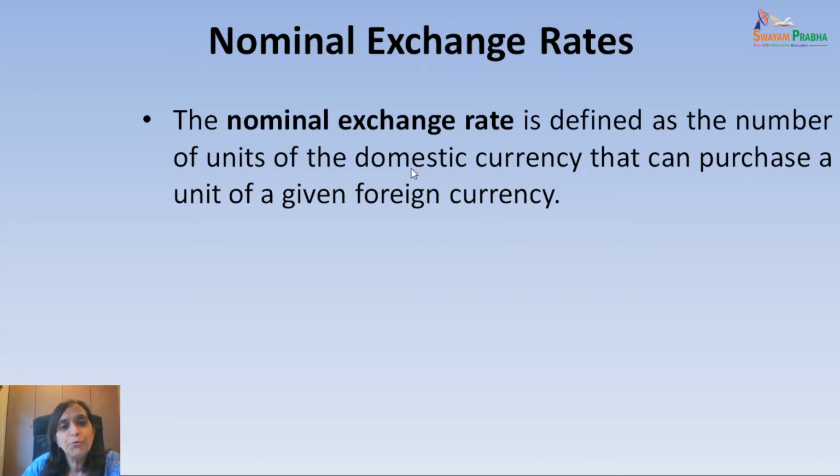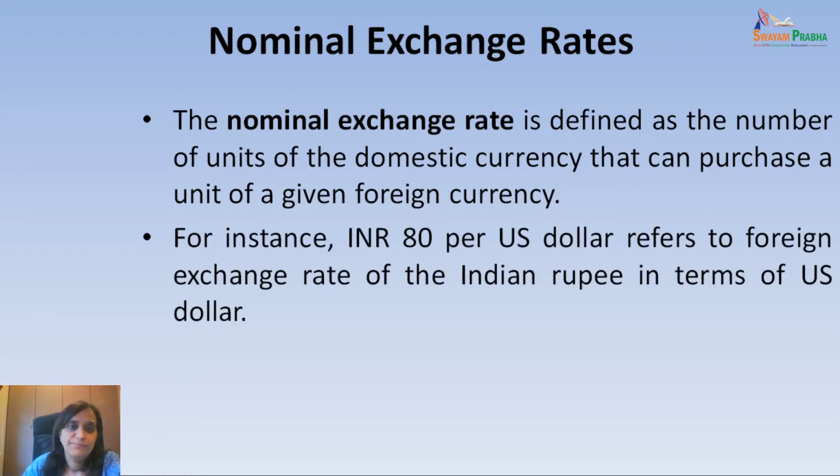One is our home country, for which we say it is a domestic currency. Other is the currency of the foreign nation, which we call foreign currency. Now, if you want to buy 1 unit of this foreign currency, how many units of domestic currency you have to give is known as your nominal exchange rate.